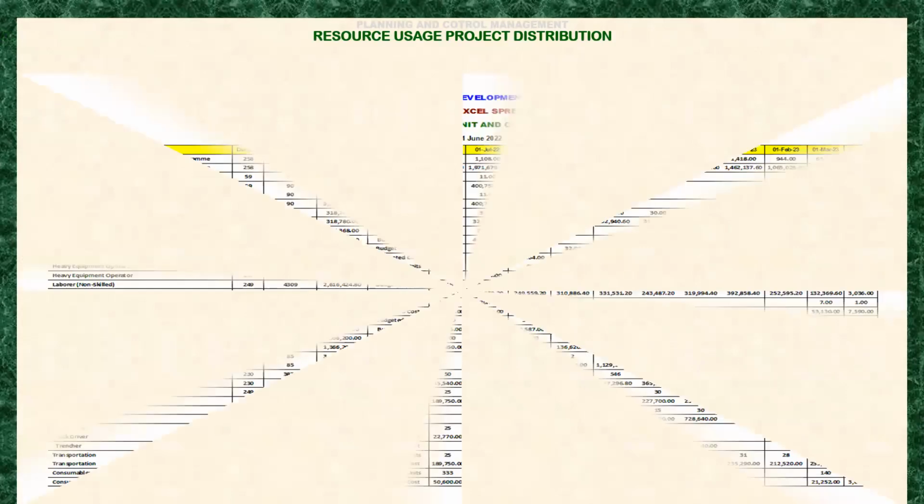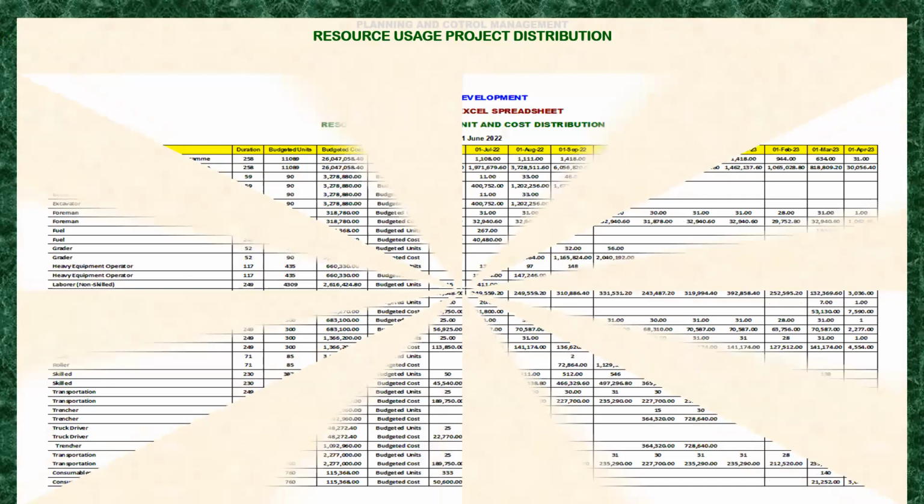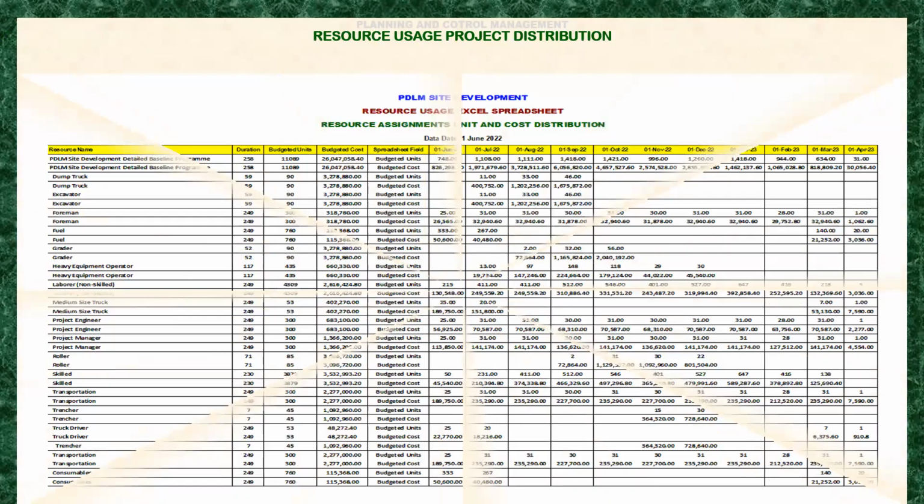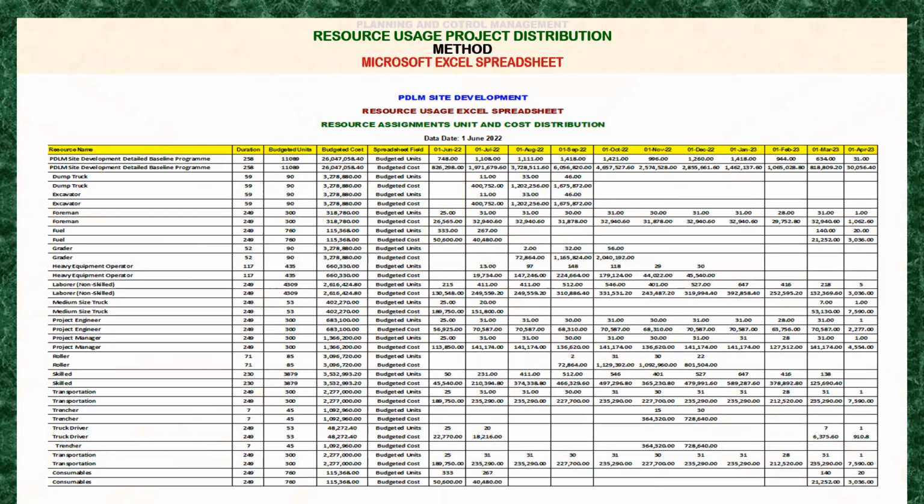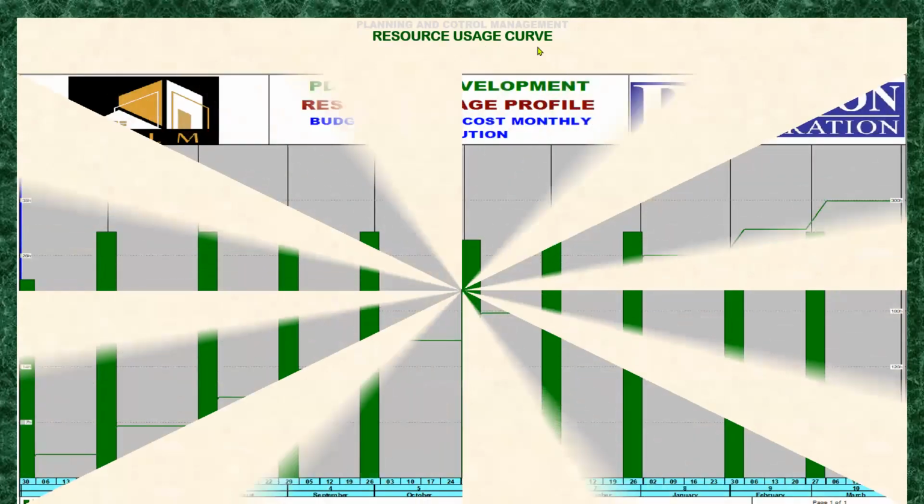Next, resource usage project distribution, and the method used here is Microsoft Excel spreadsheet. Next is the resource usage curve.